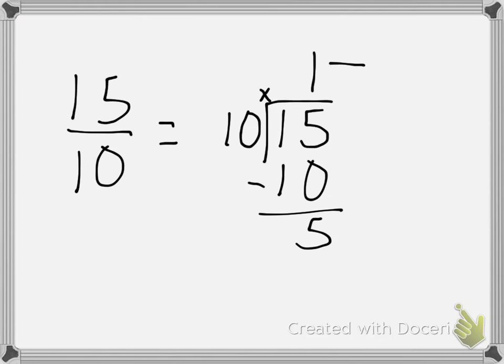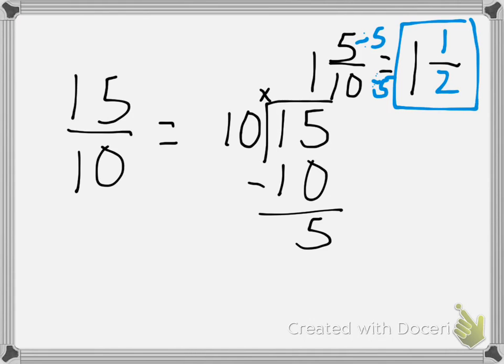So that's going to be here, and our denominator stays the same. We have 1 and 5/10, and 5 and 10 are both divisible by 5. Whatever we do to one, we have to do to another one. So we're going to divide these both by 5 and have 1 and 1/2, because 5/10 is the same as 1/2.